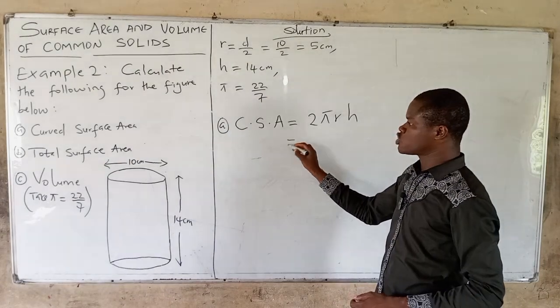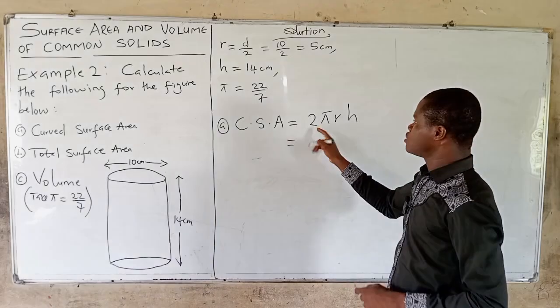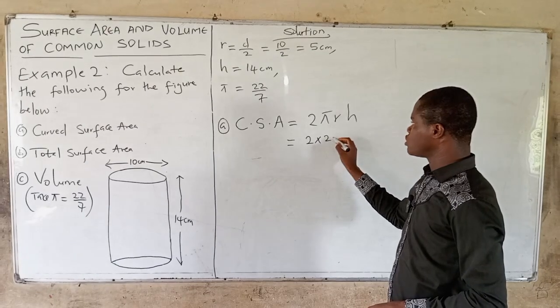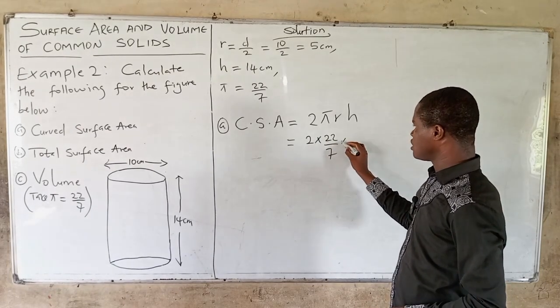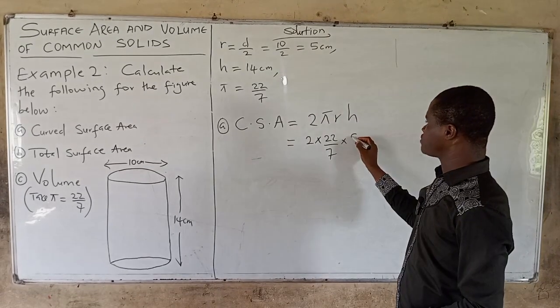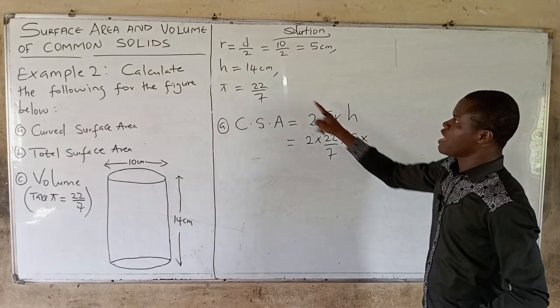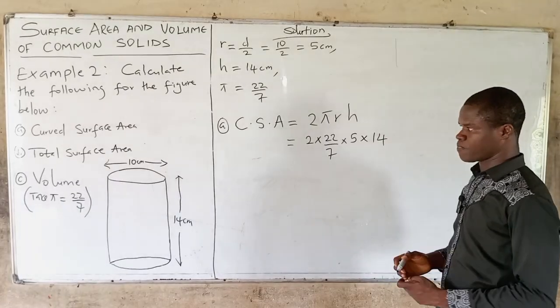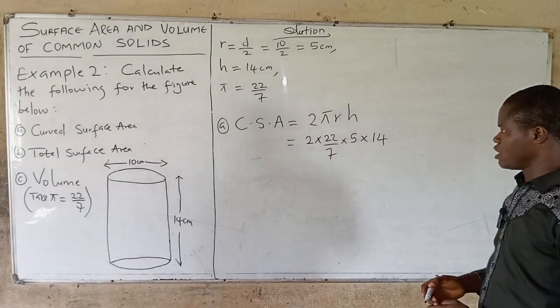So let's now substitute appropriately. This is 2 times pi is given as what? 22 over 7 times r is given as what? 5 centimeter times h is given as what? 14 centimeter.